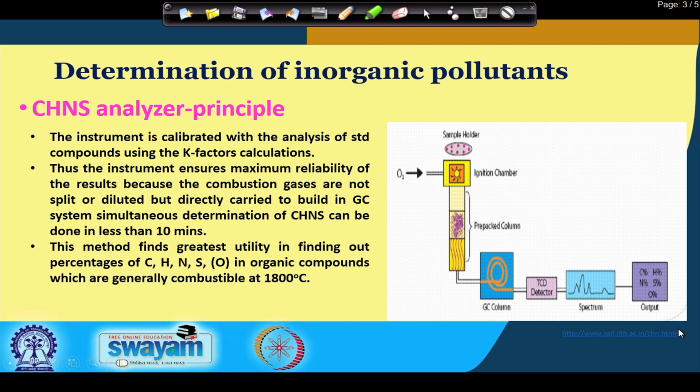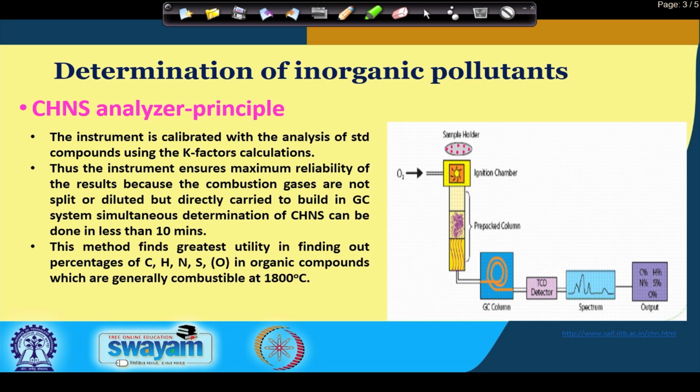Now, this instrument is calibrated with the analysis of standard compounds using the K factor calculations. Thus the instrument ensures maximum reliability of the results, because the combustion gases are not split or diluted, but directly carried to the built-in GC system.